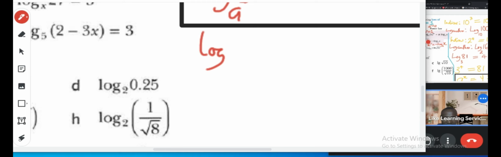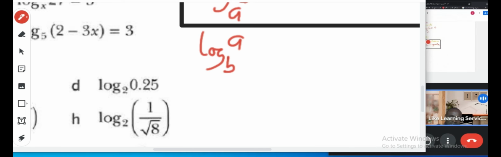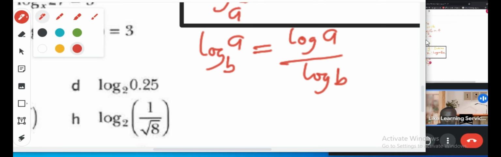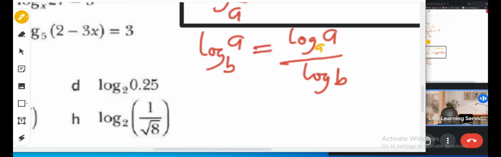Please scroll down towards the right so that you can see where I'm writing it. Yes. Log of a in base b is equal to, based on our rule, log of a over log of b, all in the same base. We can decide to choose the same base as a and a.